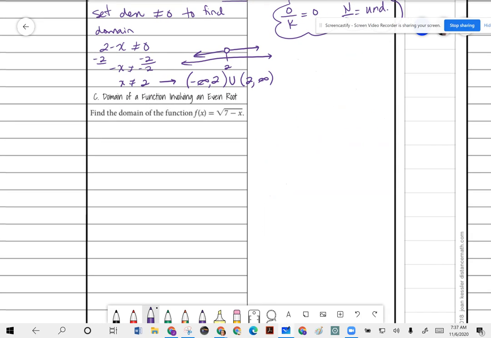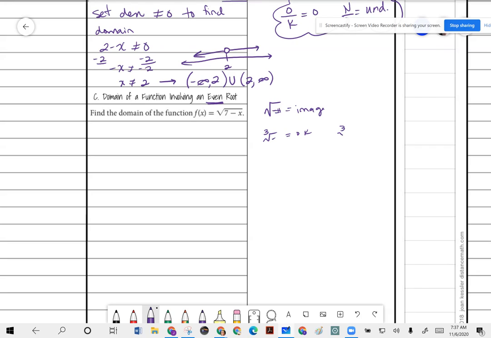So now let's take a look at a function that involves an even root. Think about that in terms of, if you had a square root of a negative number, that is going to be imaginary, which means that it is not real. The cubed root of a negative number is still okay, right?